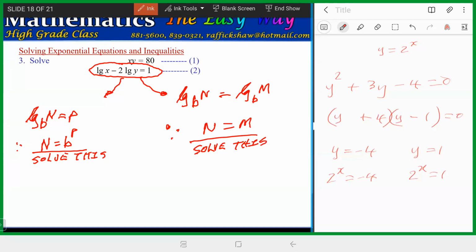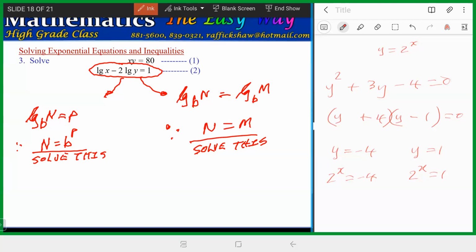When you're doing log equations or log expressions, you want to simplify them, and that is your objective. Either bring it down to the one on the left, remember, log of a number to a base equal a power, therefore the number equals the base to the power, and you solve that. Or you bring it down so you have one log of something on the left side equal one log of something on the right side, so the two somethings equal. That's why you eliminate the log.